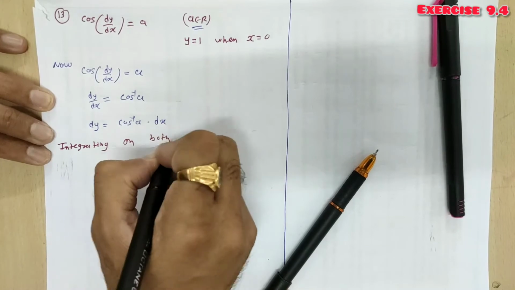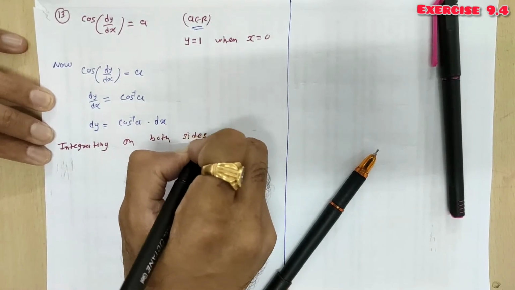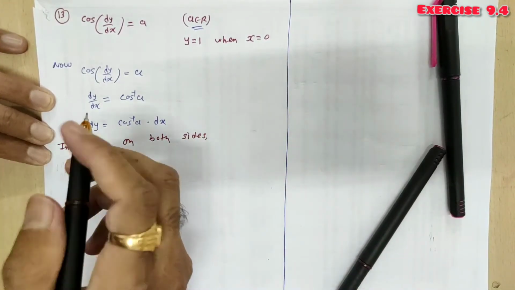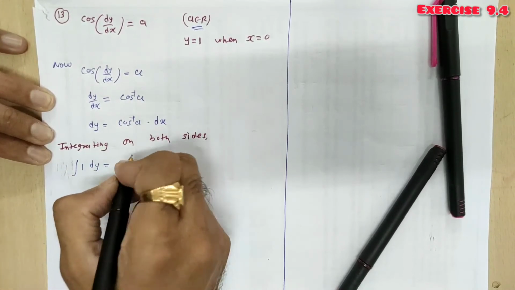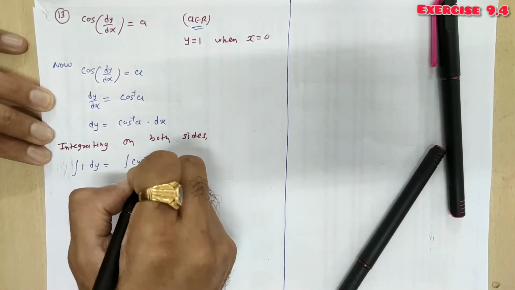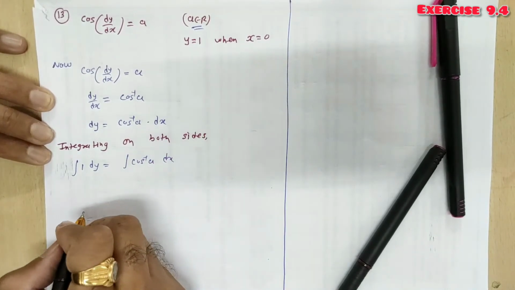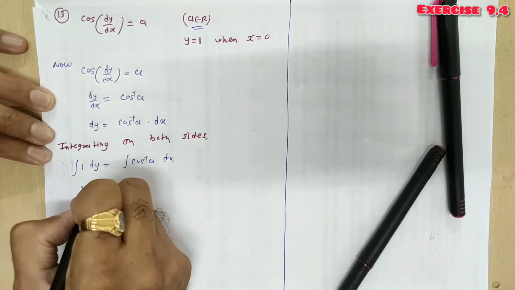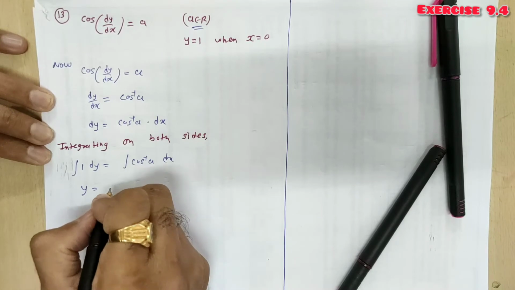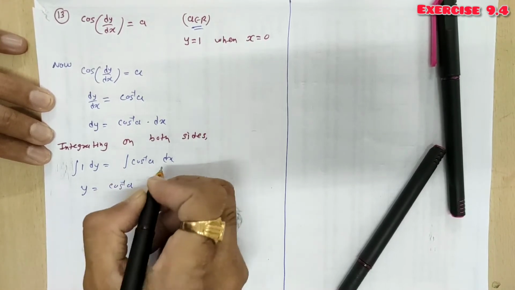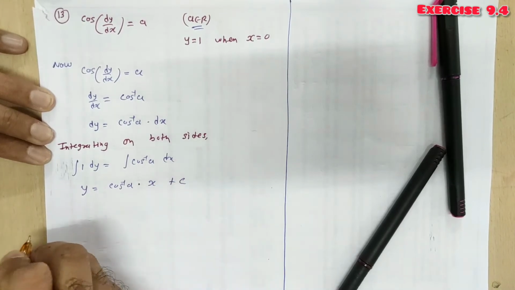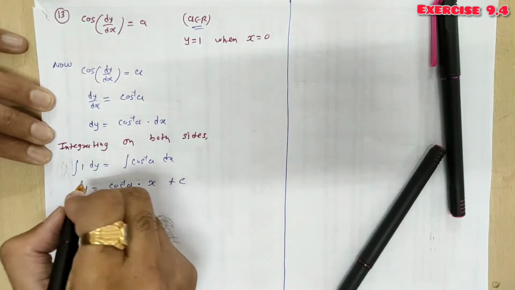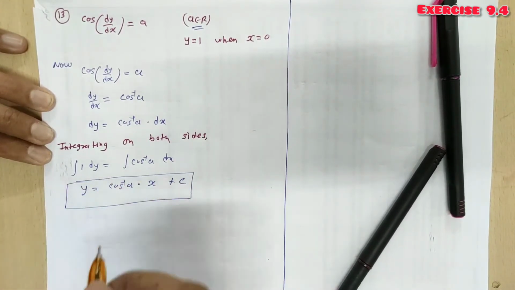We get the integration of 1 dy equal to the integration of cos inverse a dx. The integration of 1 is y, cos inverse a is a constant, and the integration of 1 is x plus c, the integration constant. Done. This is our general solution.